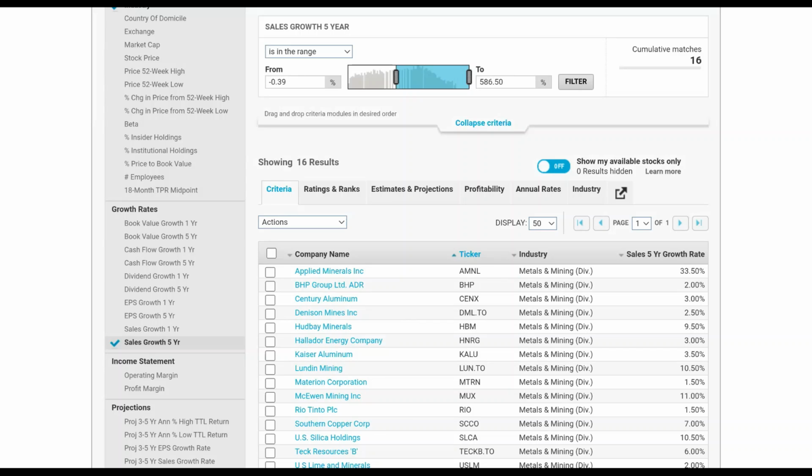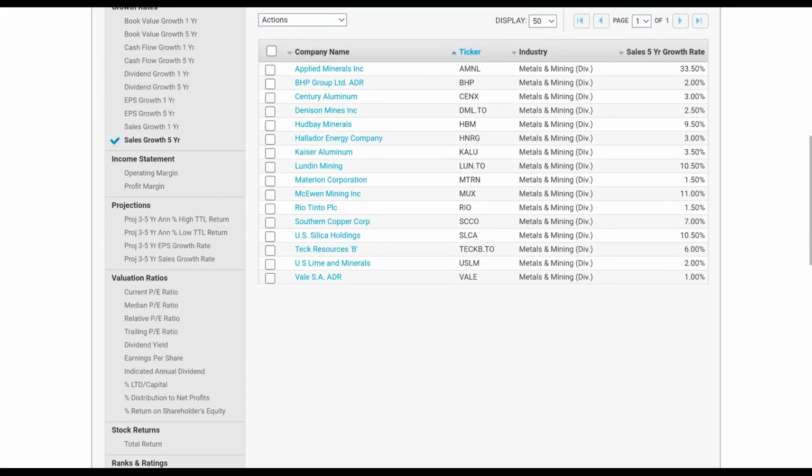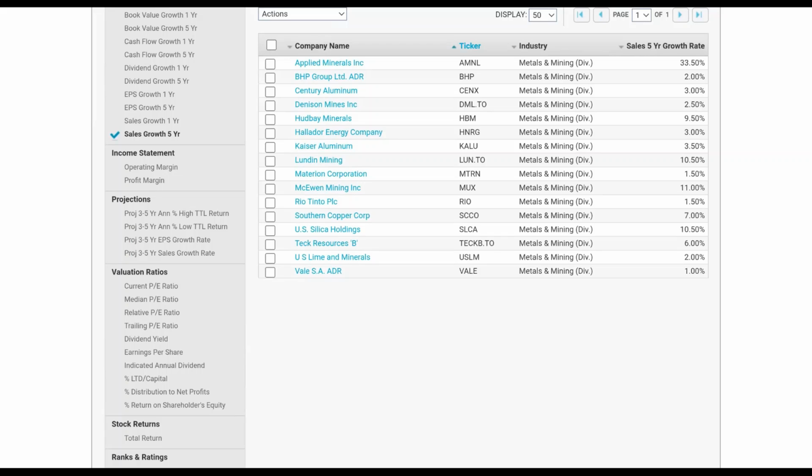And then I'm going to look for total return. So down under projections, you can take a look and they've calculated projected 3 to 5 year annual percent high total return and low total return. Depending on how many of these on the left I select, I sometimes will choose low if I'm being very cautious about an industry.